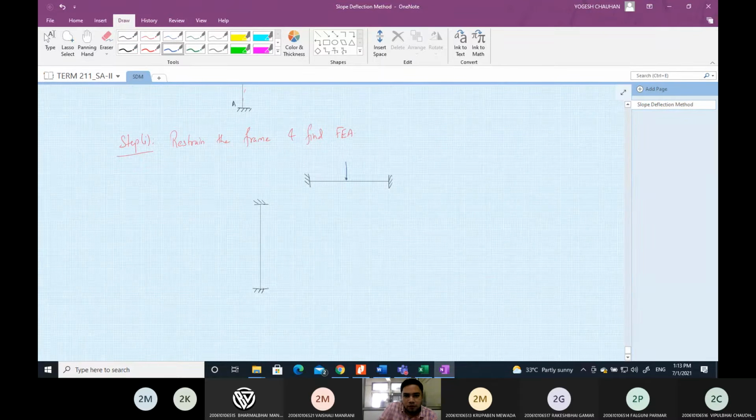There is a central point load here, 60 kilonewton. This is 1.5 meter, this is 1.5 meter. Total is 3 meter. This is 4 meter.